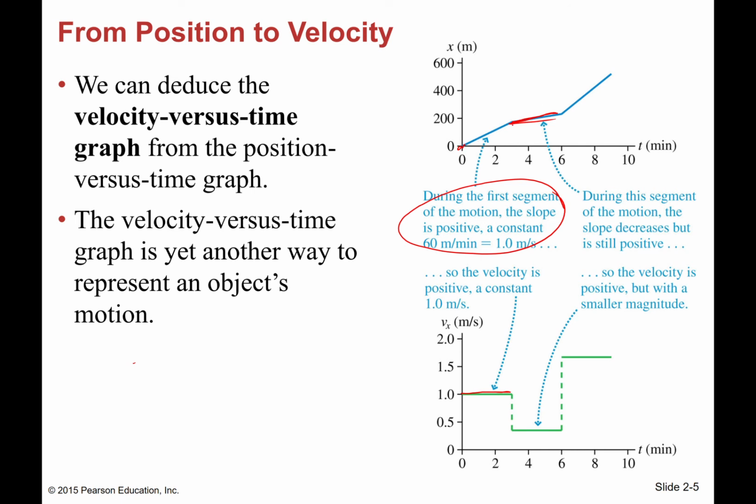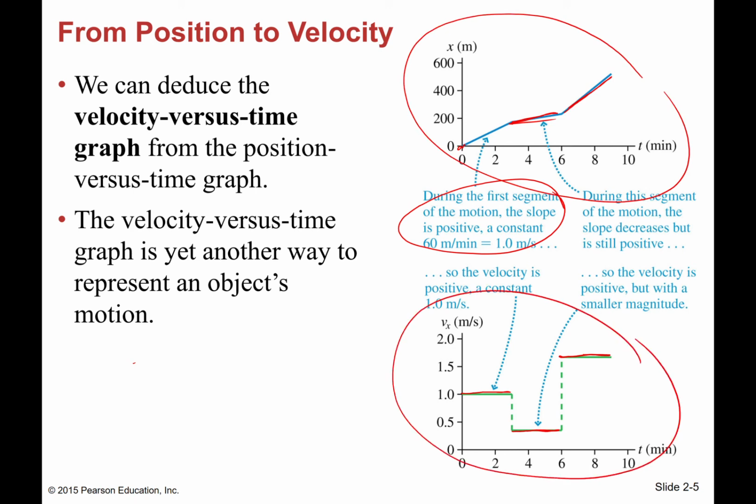We can calculate again the velocity for this segment, and we would get a little under 0.5. And finally we have this segment where it is going faster, and in this segment the velocity is also constant, about 1.6, 1.7. So that is what you can do to go from a position versus time graph to a velocity versus time graph.